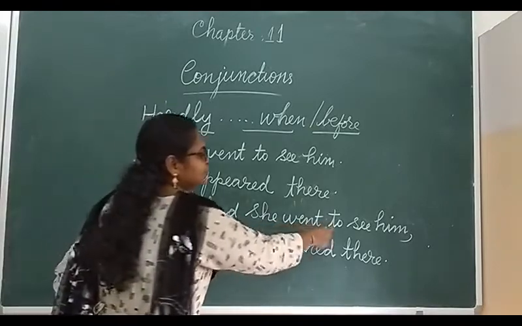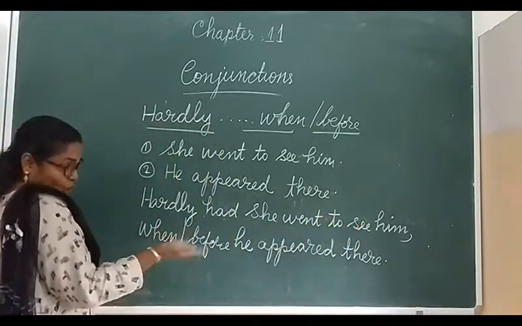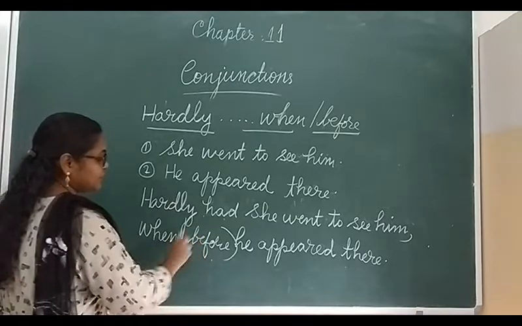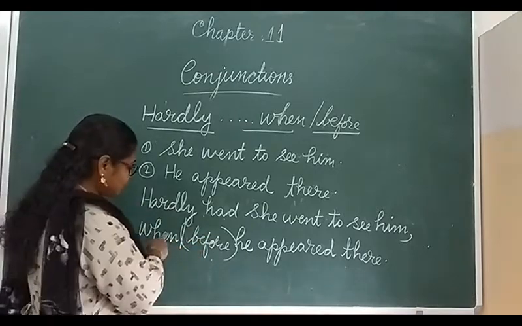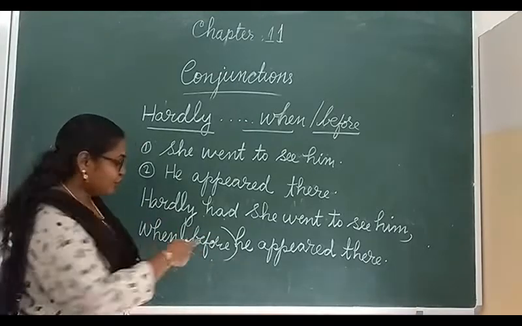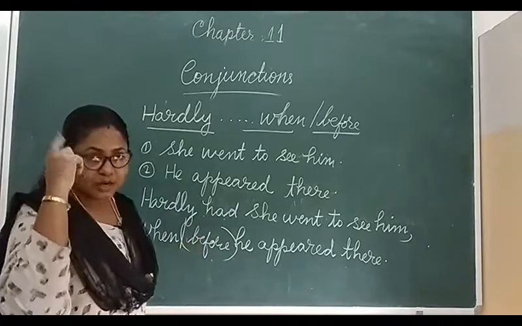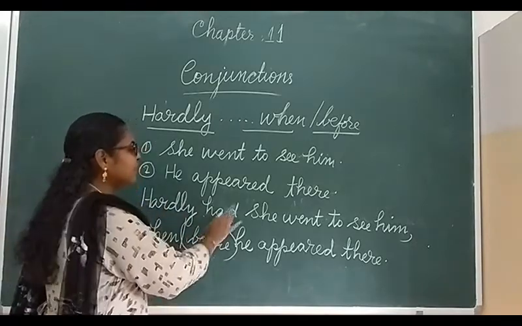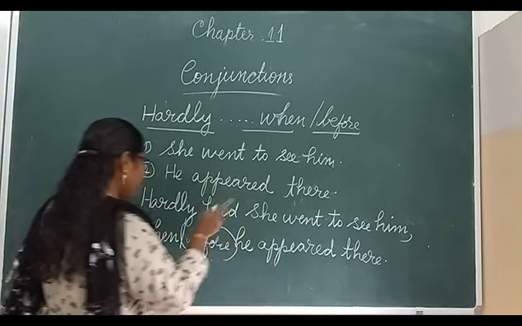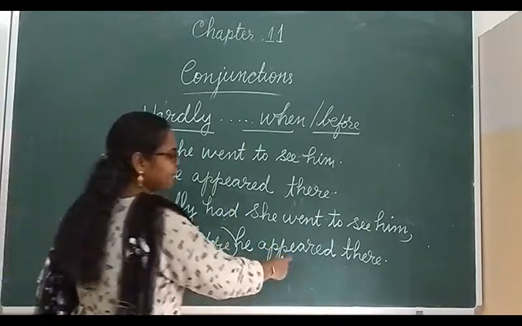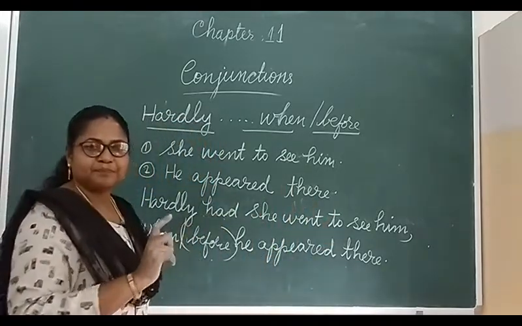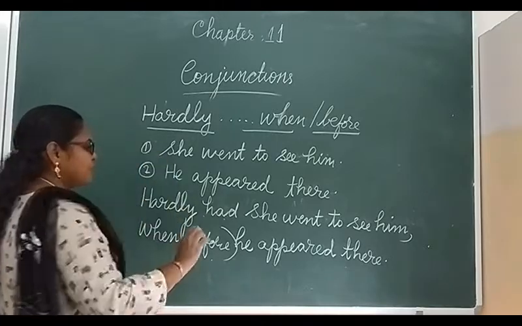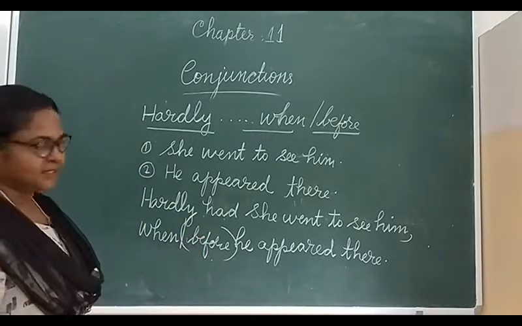Hardly had she gone to see him when or before. These are options. If you want, you can use "when," or if you want, you can use "before." That is up to you. Hardly had she gone to see him when he appeared there. Okay. This one is over. Or before he appeared there.